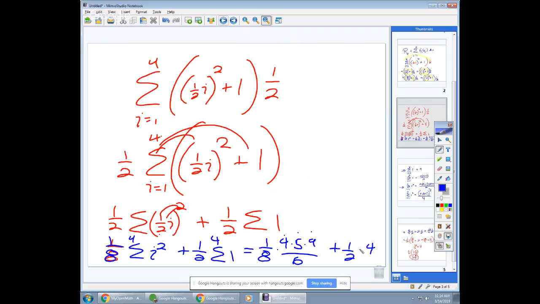All right, let's see. Does that give us the same answer we got before? Let's clean it up a little bit. 2 goes into 4 twice. So I have a 2 hanging out there. 4 goes into 8 twice. 3 goes into 9, and 3 goes into 6. I think that's all that comes up.